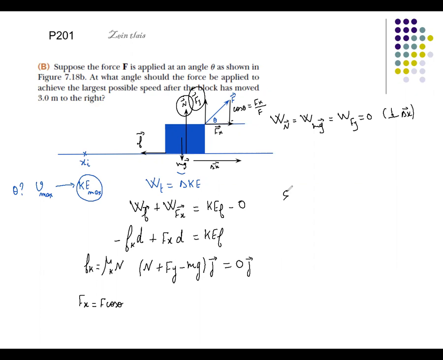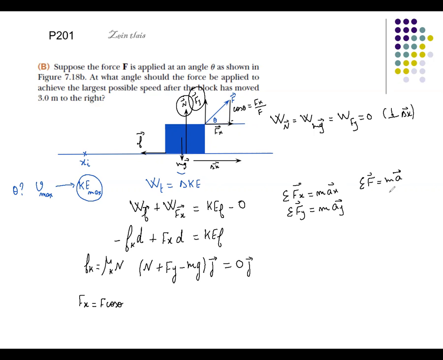You can write summation of Fx equals max, and summation of Fy equals may. And you can write summation of F total equals ma.